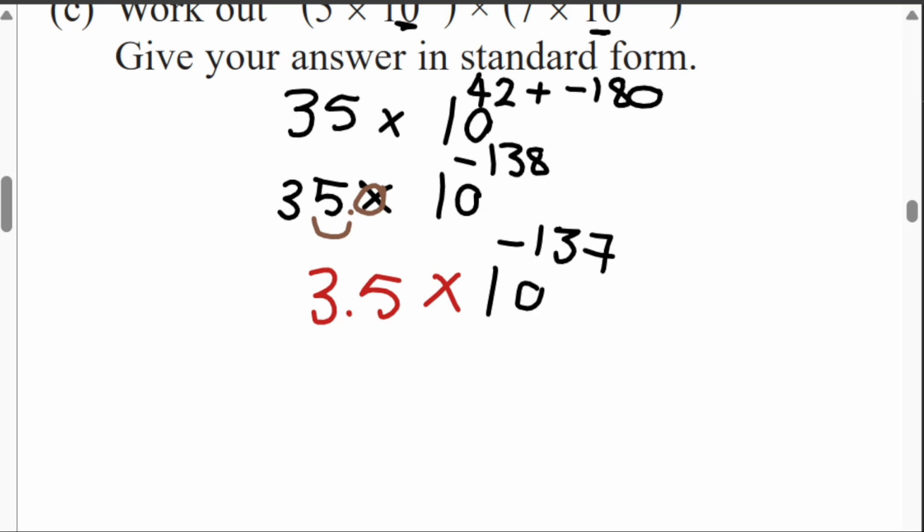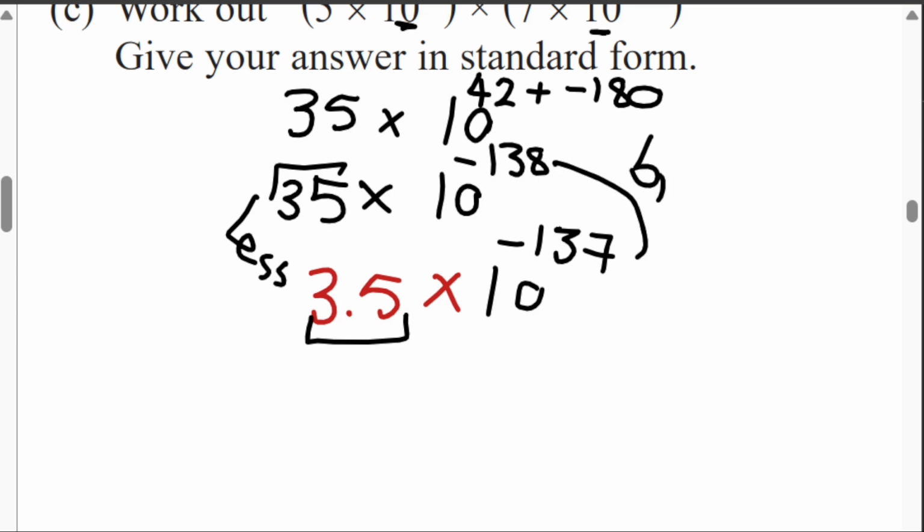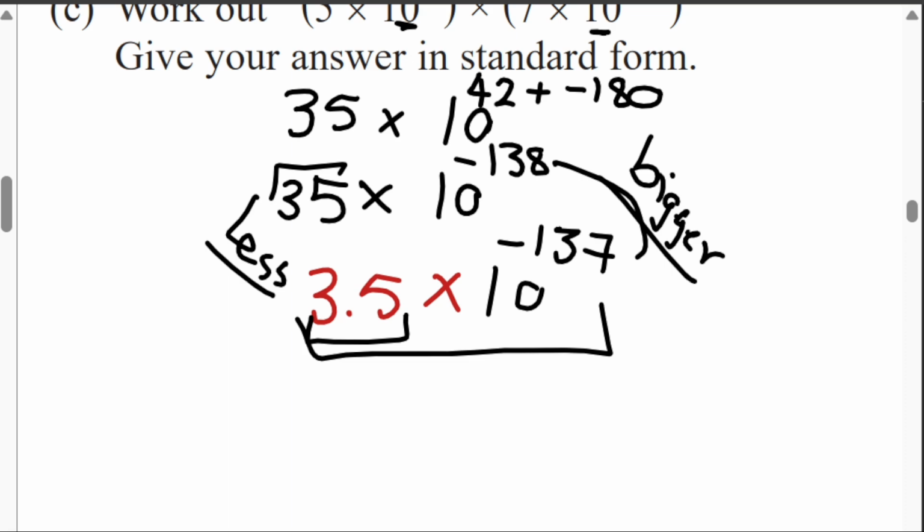What I tell my students to think of is, what happened to the 35? It became less, just 3.5. If this becomes less, this should be bigger. Why? Because it's the same number, we need to keep the balance. Negative 137 is more than negative 138, and that's how we got this answer.